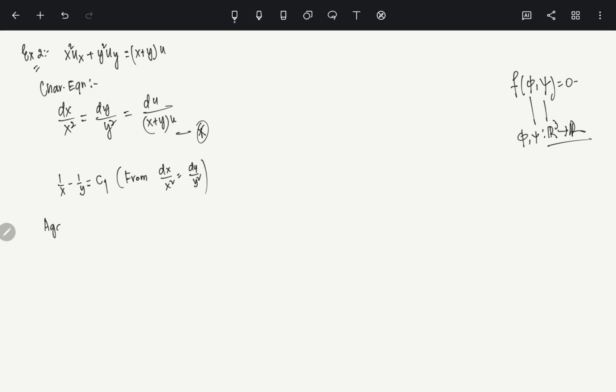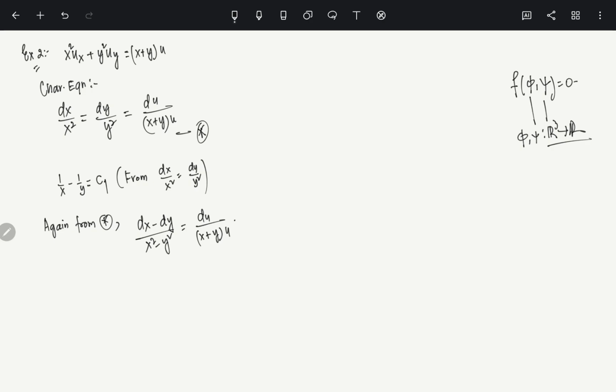Again, from star, what do we get? From star, we get dx minus dy. We can write it like this, right? If you remember your simple algebra, (dx minus dy) by (x square minus y square) can be written as du by (x plus y) times u, right?